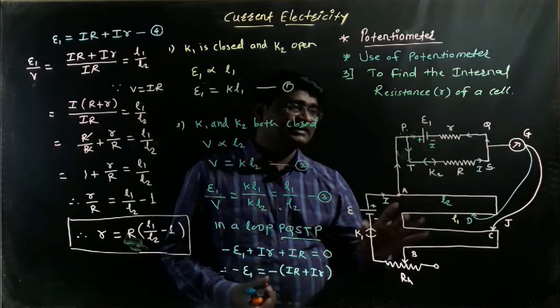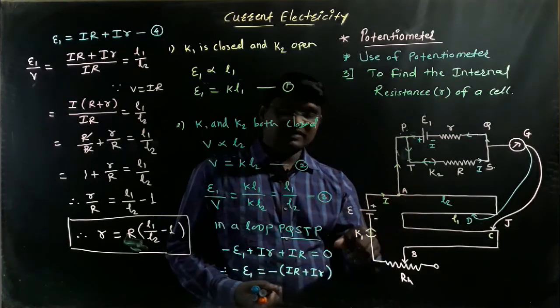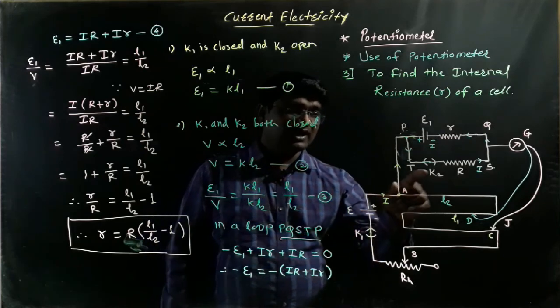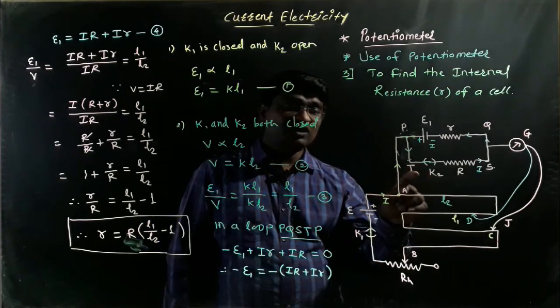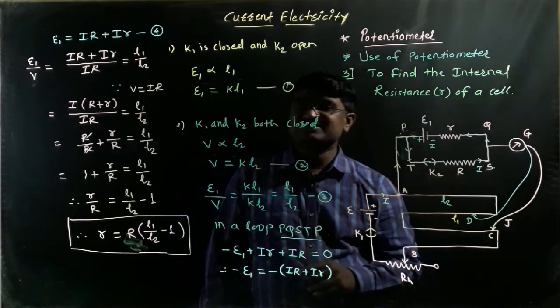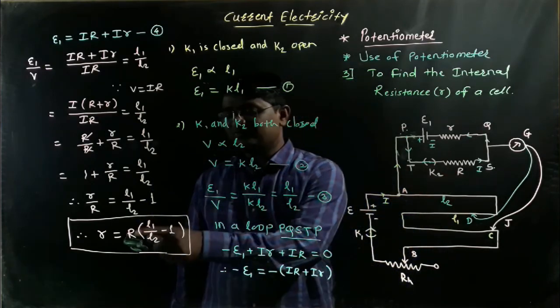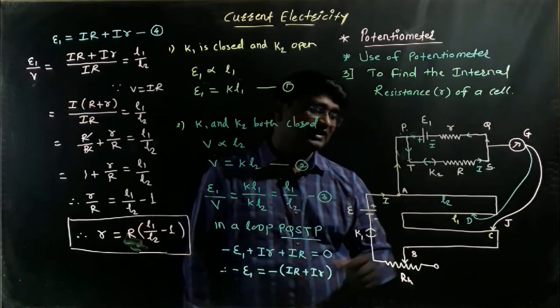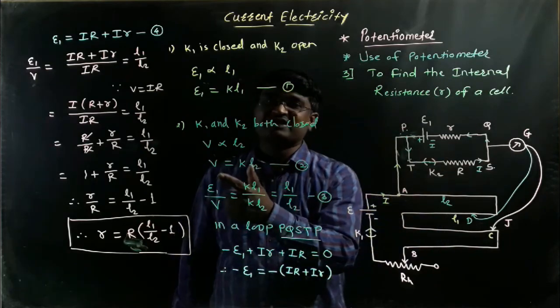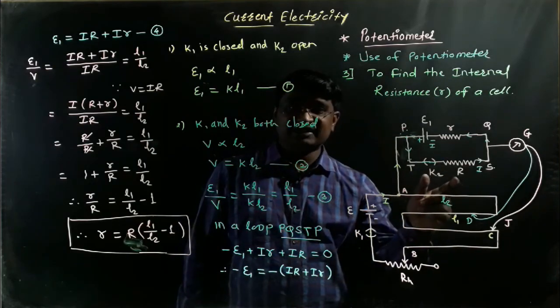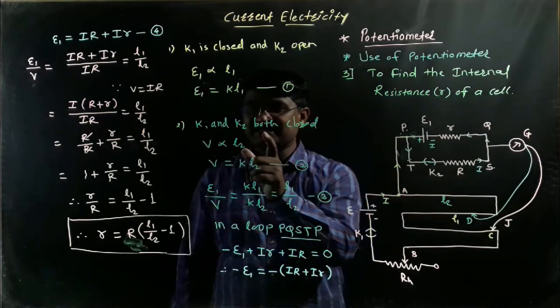Let's remember that in the second case, if K1 and K2 are closed, we take a suitable resistance from the resistance box, and when we take it, we know the value of R. After that we find their potential. It is very important.